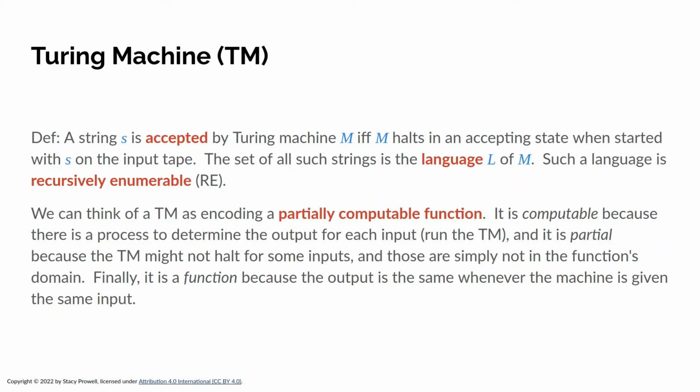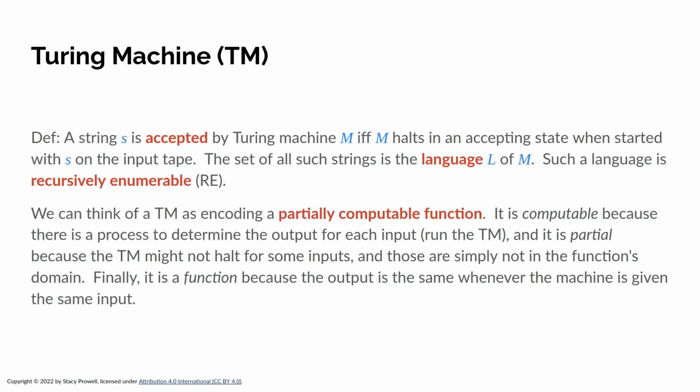So you can think of a Turing machine as encoding what we would call a partially computable function. It's computable because there's actually a process, the Turing machine process, to determine the output for each input. That is, put the input on the tape, run the Turing machine. The Turing machine is deterministic.